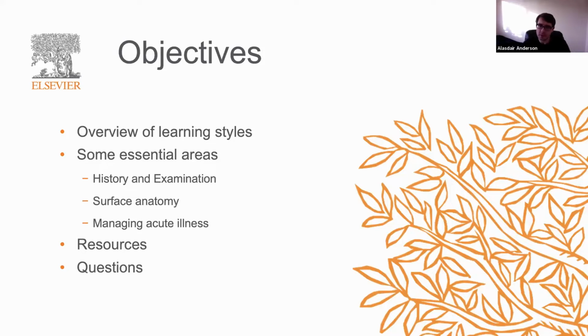So I'll do a very quick overview of learning styles, and I'll consider some essential areas of medicine which are really useful for being a student, quite often come up in exams, but also really, really vitally important for being a doctor too. So we'll have a think about surface anatomy, history and examination, and managing acute illness as well. We'll consider some resources, and we'll have some time for some questions at the end of the session as well.